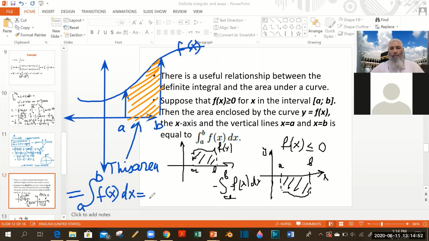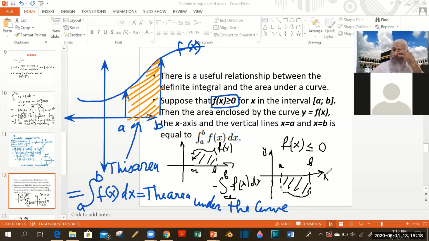This is the area under the curve. But we have a condition here: that f of x is greater than or equal to 0 for x in this interval. Okay?